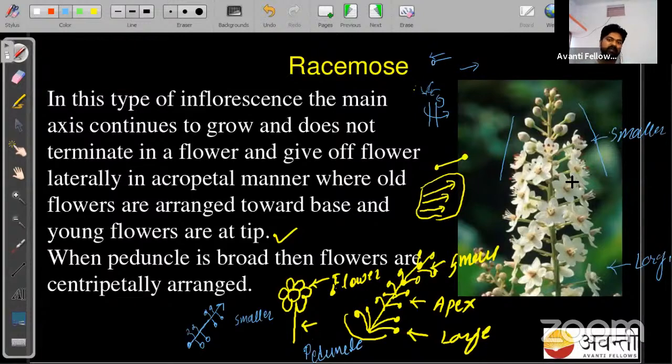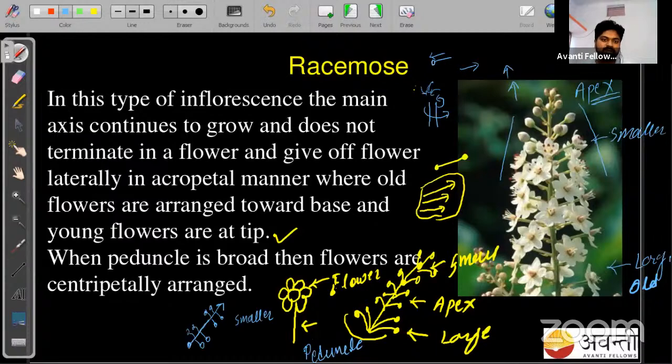And one more thing: in an acropetal system, new flowers are generated on the apex side, and the large flowers are the old flowers. So on the apex side there is generation, or we can say continuation of the stock. But on the basal side there is no continuation of the stock.